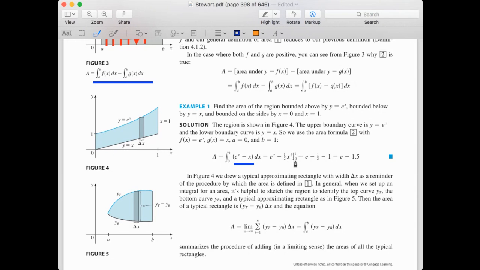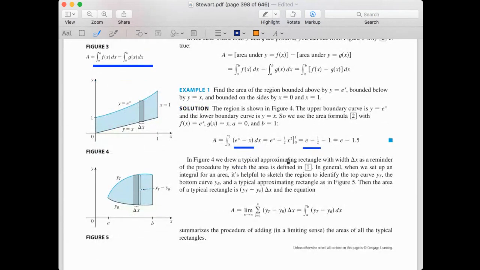Then we evaluate at 1 and 0 and subtract them. At 1 we have e to the 1 minus half. At 0 we get e to the 0, which is 1, so the second term becomes 0. So I have e minus half minus 1. That's e minus 3 halves. All right, simple, right?